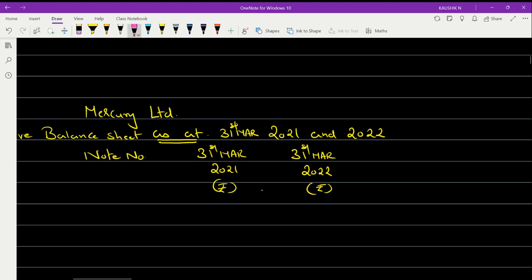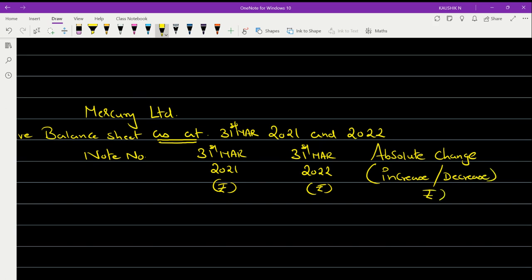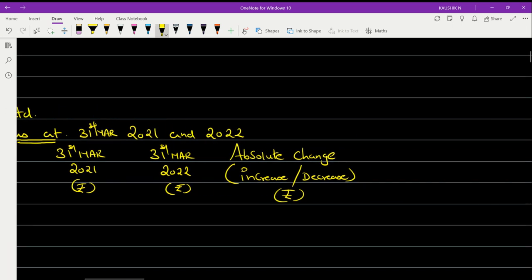Once this is done from the question, I have to introduce two more columns, namely absolute change. The changes can be either an increase in the value or a decrease in the value, so I should open a bracket and write increase or decrease. This should also be represented in rupees.